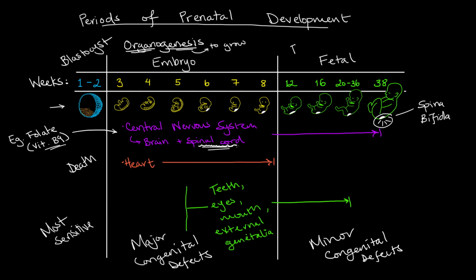So even if you have a lot of folate in the fetal period, this won't cure the spina bifida. Once the spine is developed, if there's not enough folate, it'll remain open. And even if you have all the folate in the world after these 12 weeks, the spine will remain open. This can't be closed.